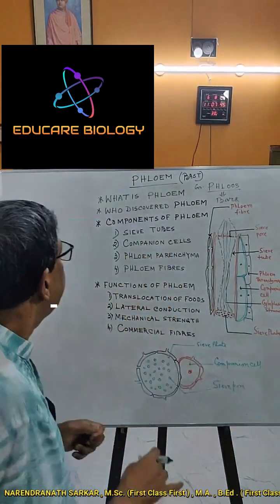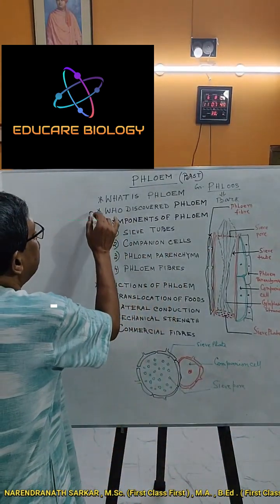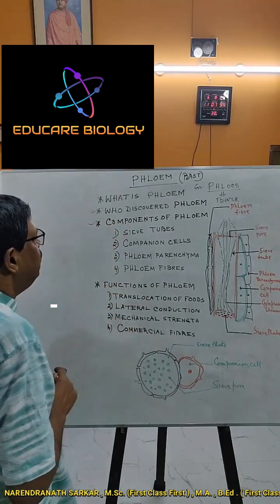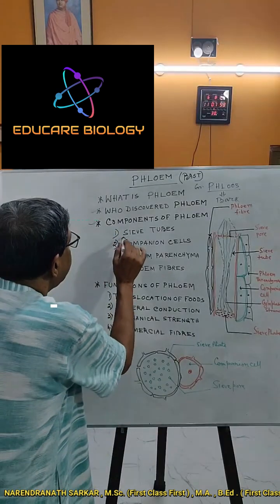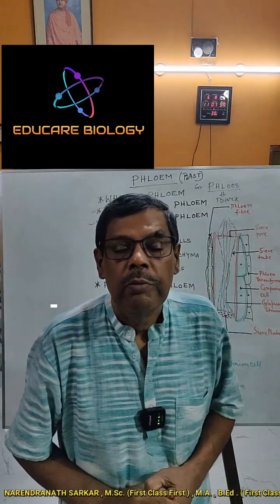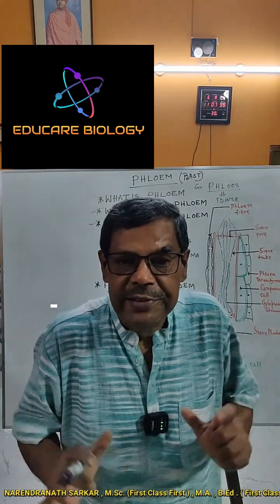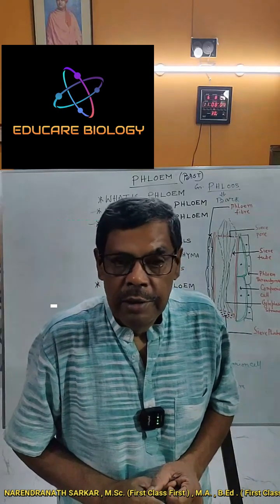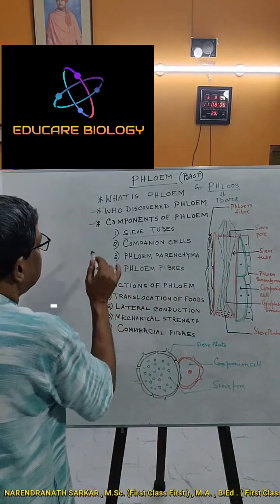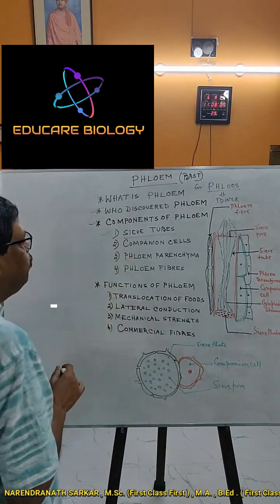Next, components of phloem. There are four components of phloem, four different cells found in phloem. First, sieve tubes.